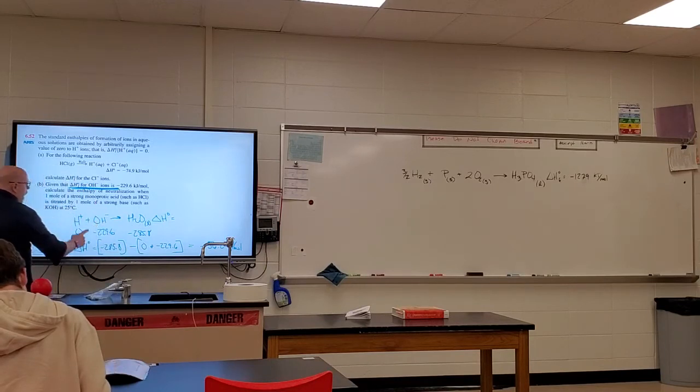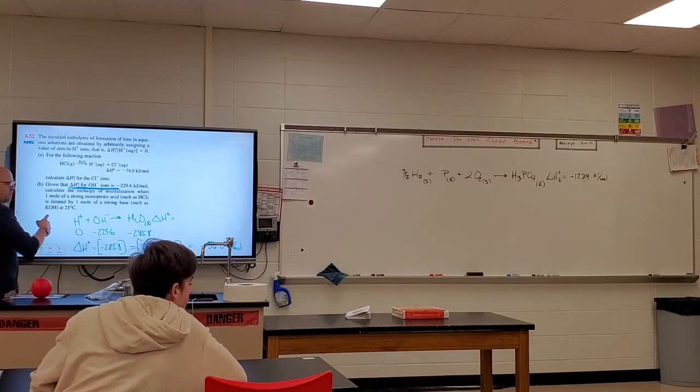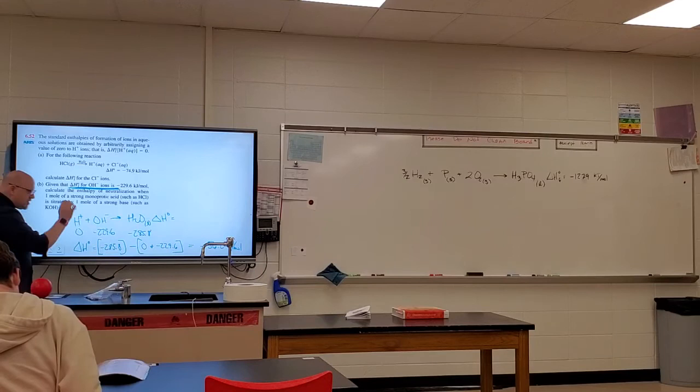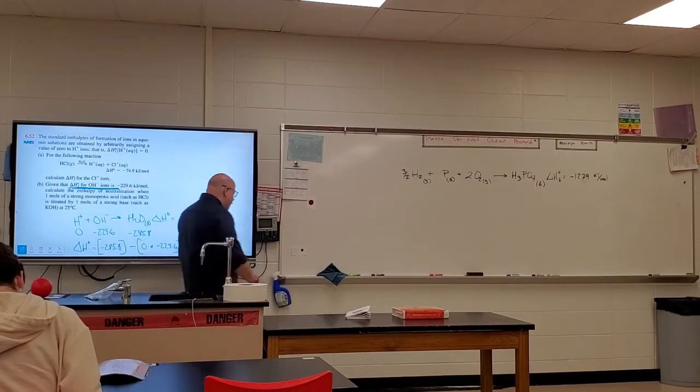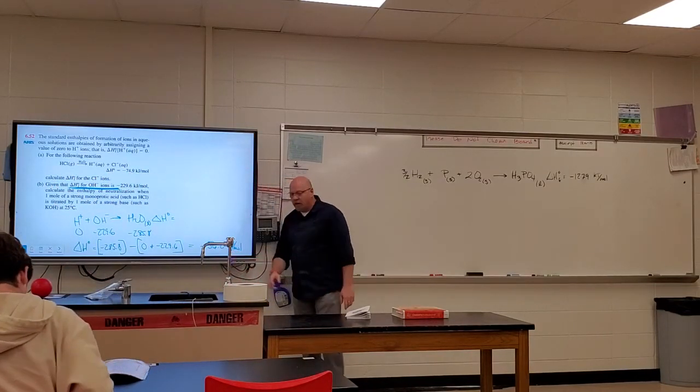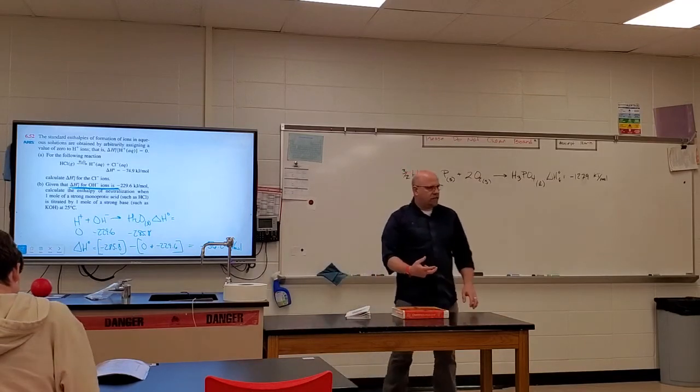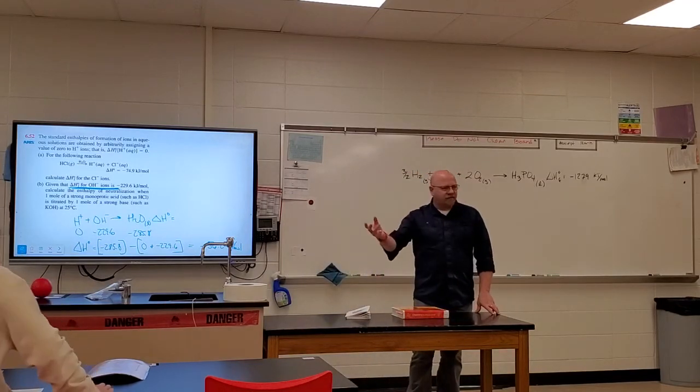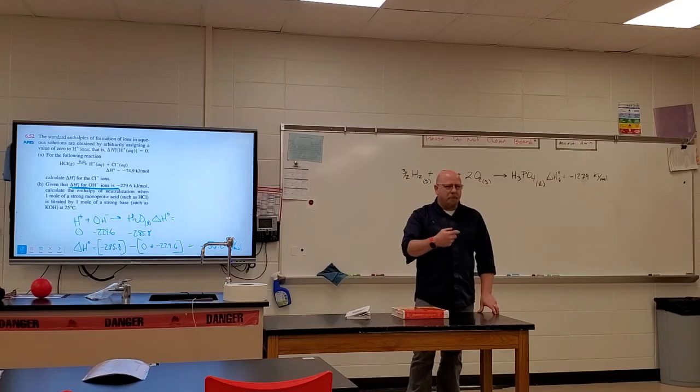This reaction of hydrochloric acid with potassium hydroxide is probably going to be a little bit different, probably in the hundredths or tenths place, than what you measured. But all strong acids and bases should be about the same. Okay?